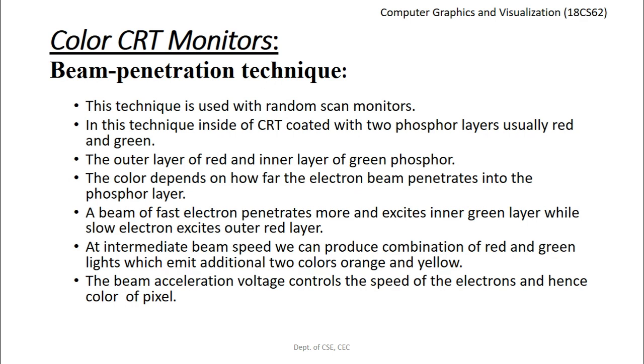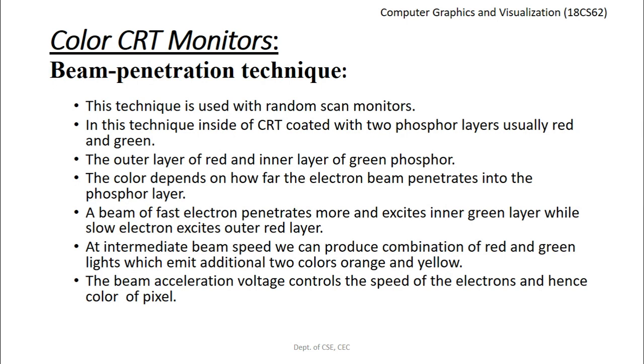A beam of fast electrons penetrates more and excites the inner green layer, while slow moving electrons excite the outer red layer. At an intermediate beam speed, we can produce a combination of red and green lights, which adds two more colors, that is orange and yellow.